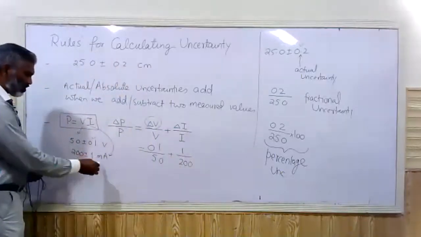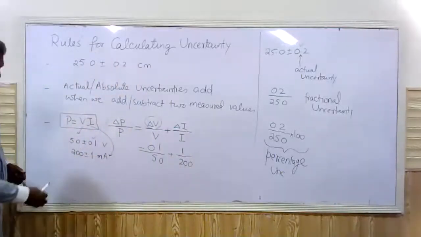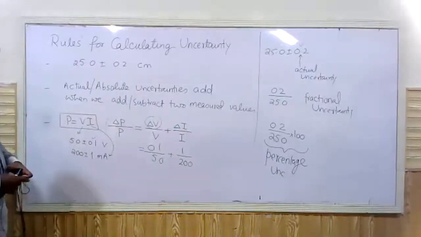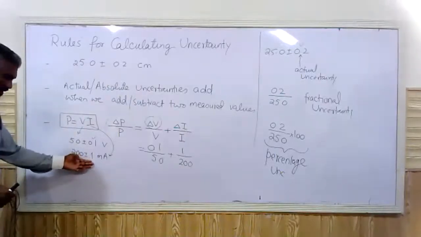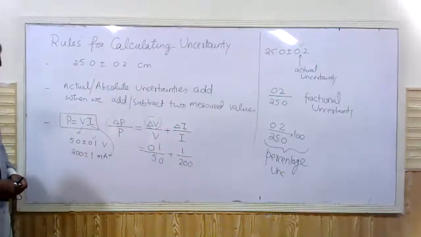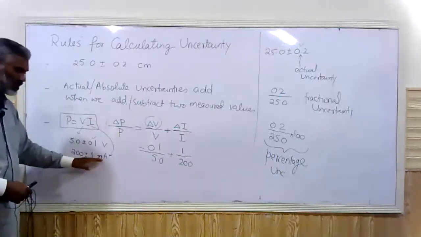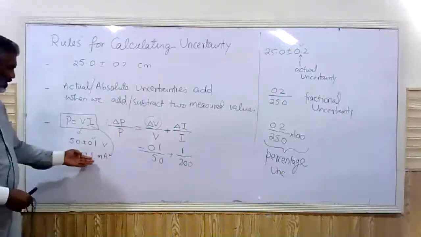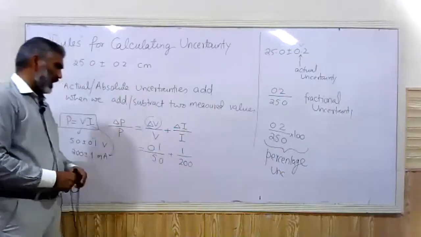No need to convert this into amperes because milliampere is with both. So if you change this, this will also be changed. So it doesn't make any difference. So no need to change units if it is in milliamperes or microamperes. You use these numbers as it is.